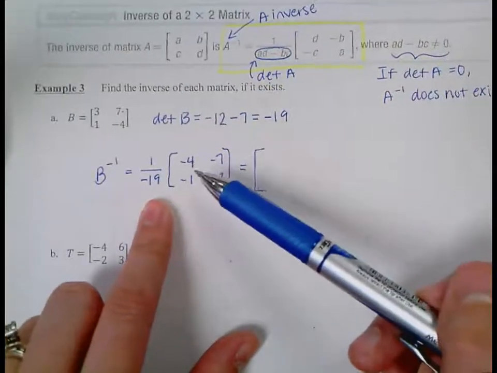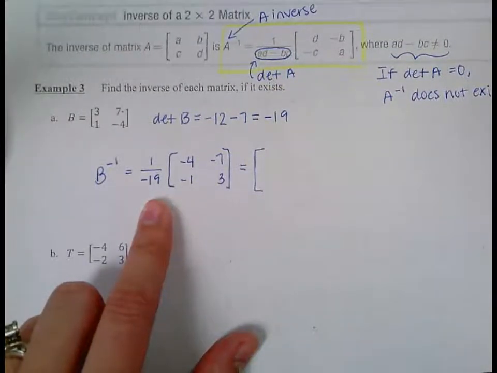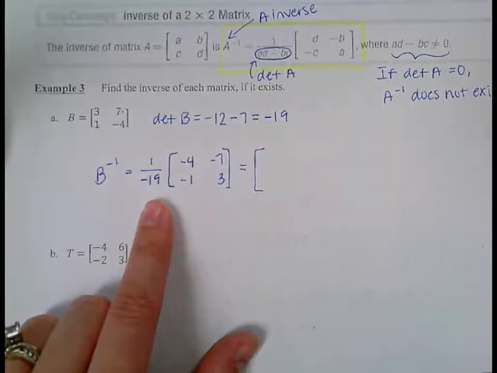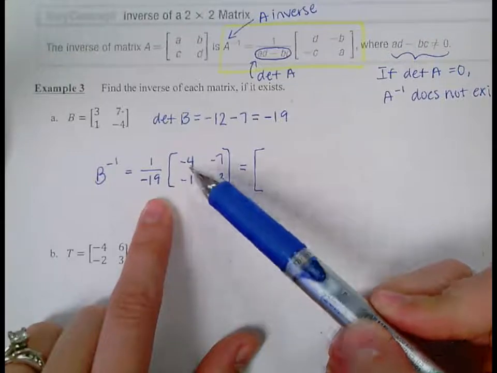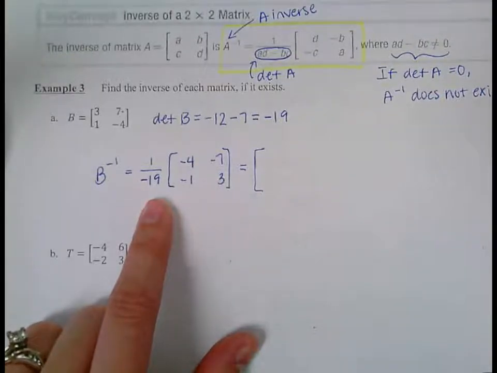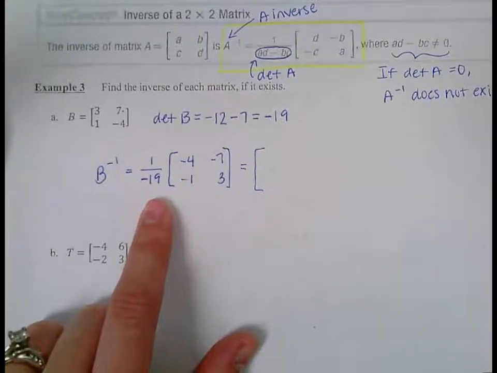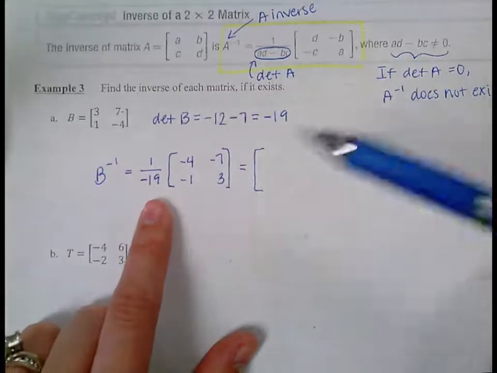So what I want you to do here is, if you can divide the numbers to get a whole number, divide it. If you divide it and get a decimal, I want you to leave it as a fraction. So for sure simplify the fraction, but leave it as a fraction if it's not a whole number or an integer.